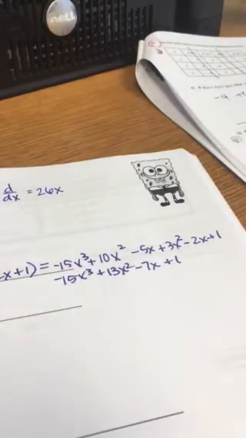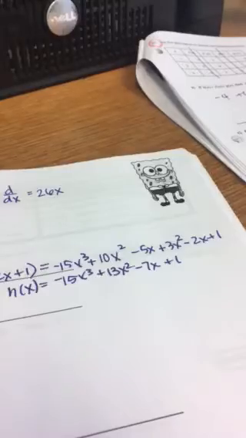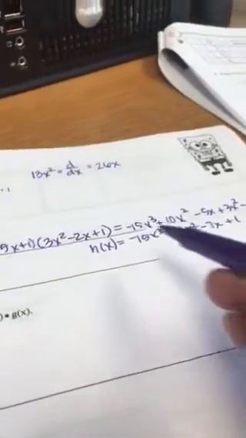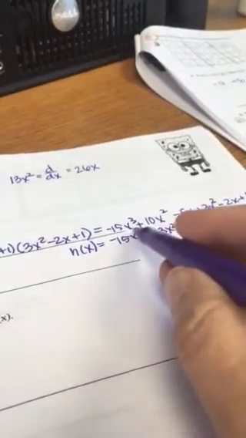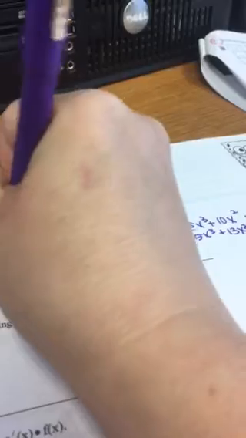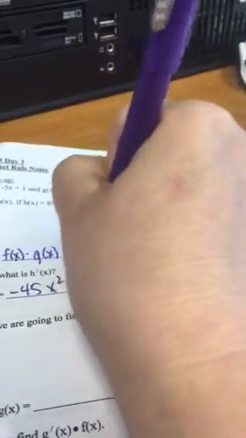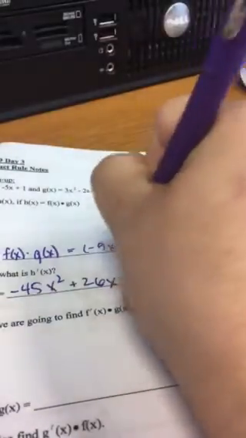So if this is the h of x function, if I have this, I know how to do the derivative. Okay, take the power, multiply the coefficient, so negative 45x to the second. Power times the coefficient, so plus 26x, and then minus 7.